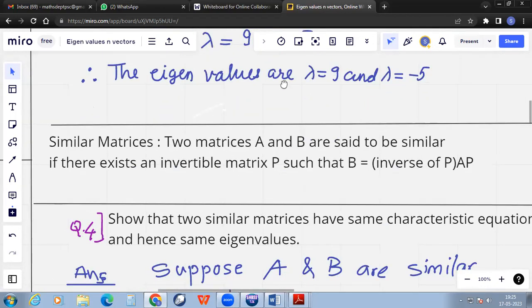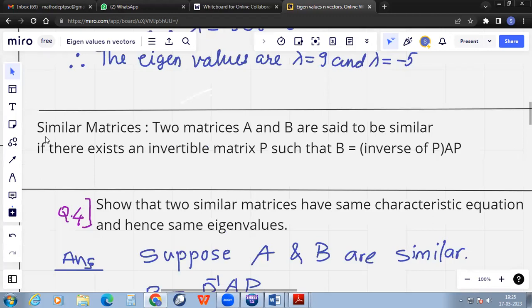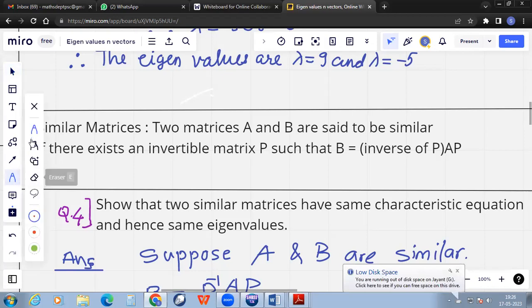Now let us visit the concept of similar matrices. Two matrices A and B are said to be similar if there exists an invertible matrix P such that B is equal to P inverse AP. So I can write this as B equal to P inverse AP.